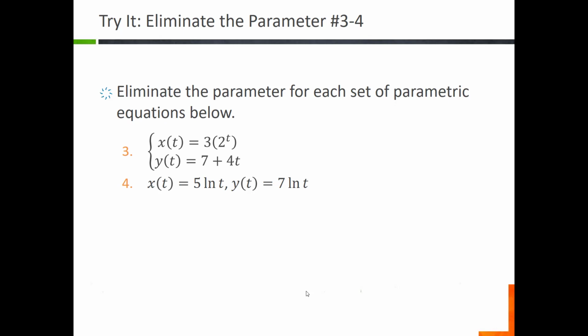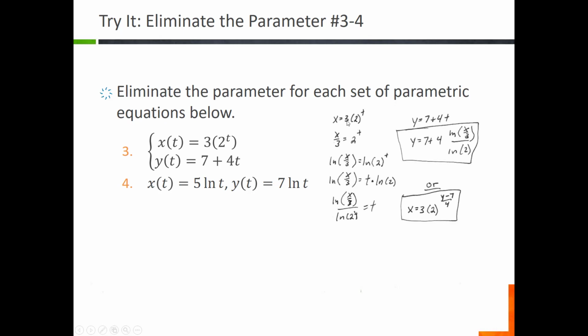All right, now we want to look at a couple more examples that are just a little bit more complicated. So this first function, we have an exponential function and then we have a linear function. We could do this either way. So if we solve first for the x coordinate, so take the x equation, we want to solve it for t.